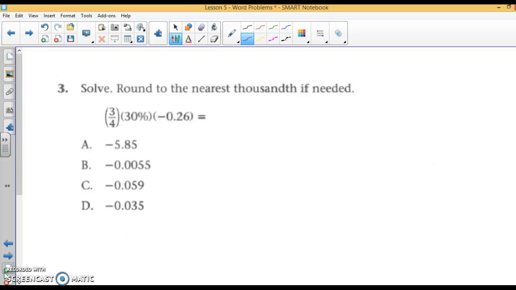So I'm going to change these to decimals. So 3/4 is 0.75 times 30%, 0.3, because I moved it 2 places to the left, and negative 26 hundredths is already a decimal. First of all, we know it's going to be negative. They're all negatives.